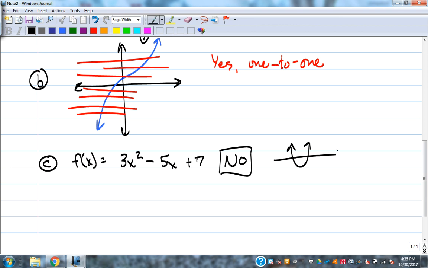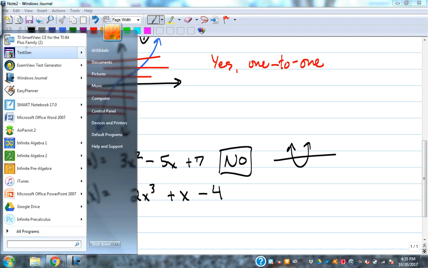And that would definitely fail the horizontal line test. Where you've got to be careful, though, is if they give you something like 2x to the third plus x minus 4. It's cubic. So sometimes, like example B could be a cubic equation. It may not necessarily be one-to-one, though. And you gotta look at the graph.